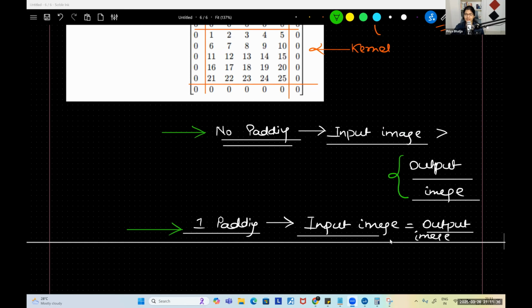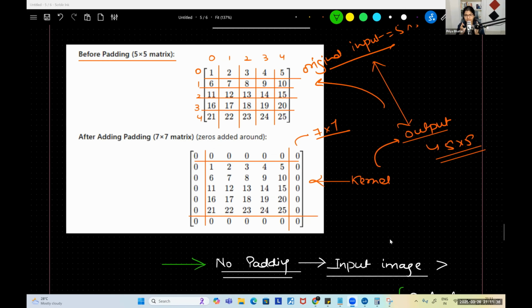Padding means adding an extra layer of zeros to the input image. Whatever the original input image is, we add the extra layer of zeros on top of that, so that we increase the dimensions or the matrix size of our input image from, let's say, 5 cross 5 to 7 cross 7.